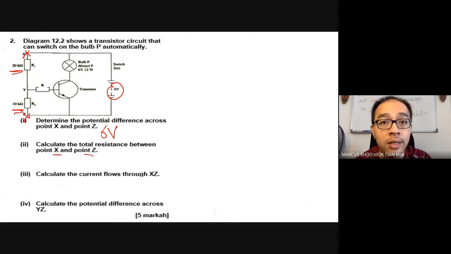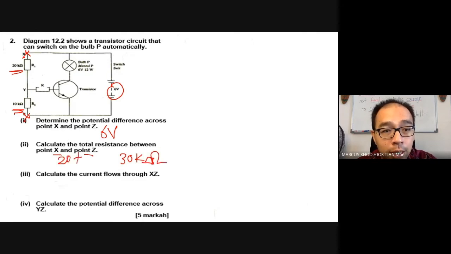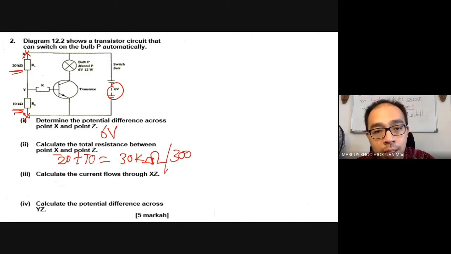We learned this from chapter 3. Total resistance in a series circuit is just to add them up. So 20 plus 10 equals 30 kilo ohms, or 30,000 ohms, also can.